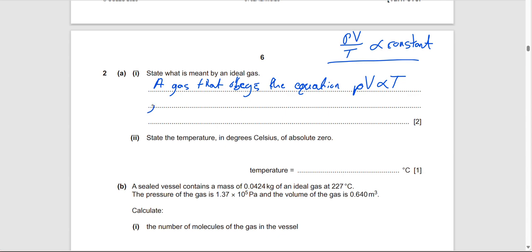Right, so, comma, where T is the absolute temperature. Take the temperature in degrees Celsius for absolute zero.